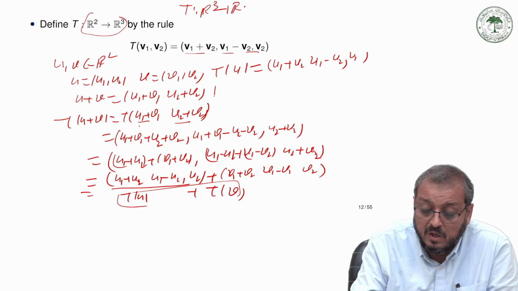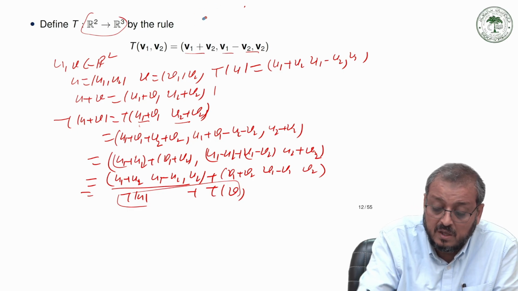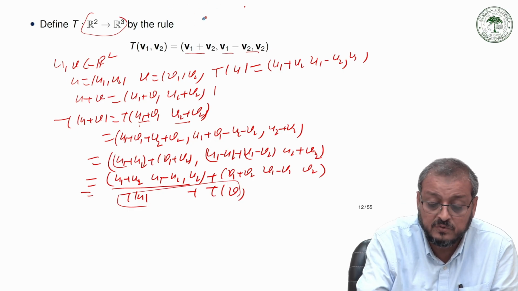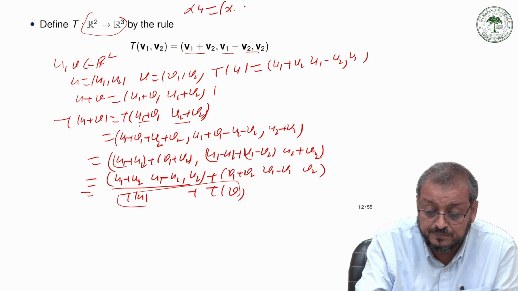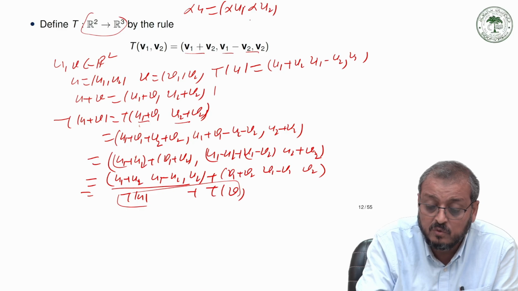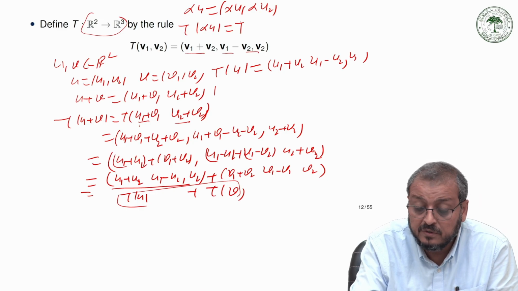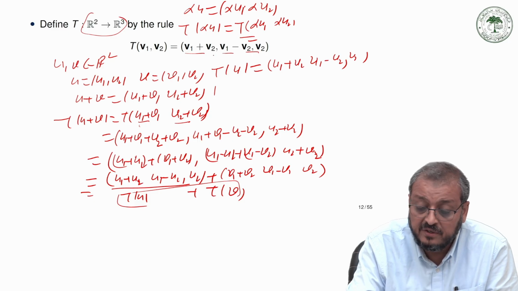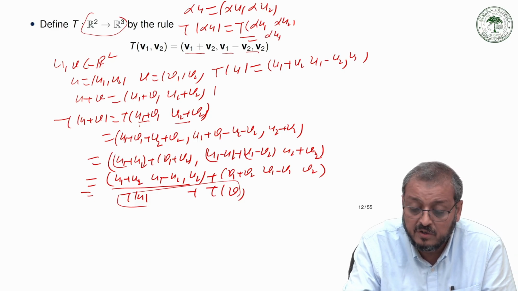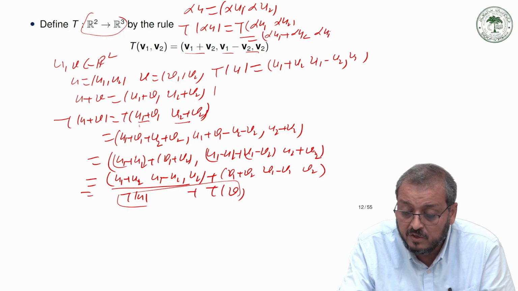Now we check whether this map preserves scalar multiplication. Alpha u can be written as (alpha u1, alpha u2). We calculate T of alpha u, which by the definition is (alpha u1 plus alpha u2, alpha u1 minus alpha u2, alpha u2).